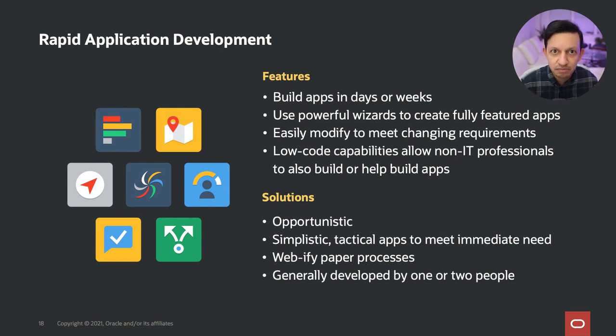They're able to use Apex and its powerful wizards to build applications, meet changing requirements, and provide a simple, tactical application to meet the problem at hand, right? Solve the problem of the day, webify a paper process. These applications can be developed by one or two people, and you'd be amazed at how far you can go.